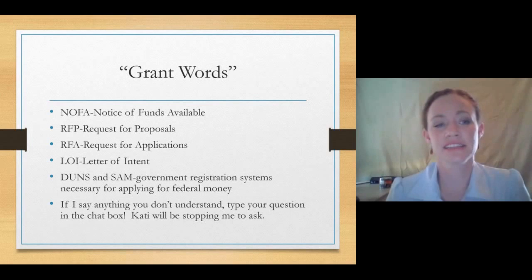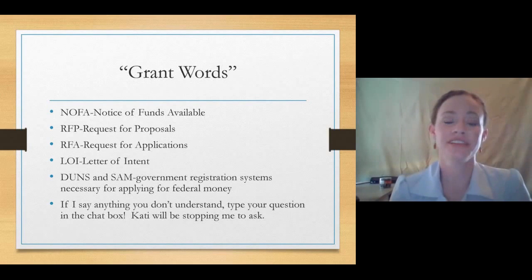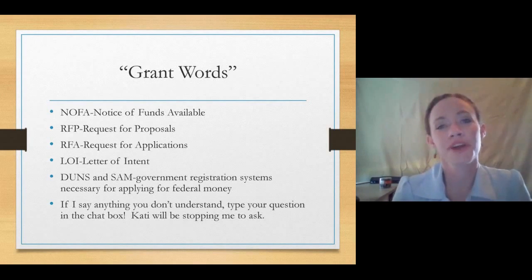Letter of intent, LOI. Those I love, and I will explain why I love the letters of intent. I would rather be able to write a 2-page letter to tell someone what I'd like to do and should I apply for your program than to spend 89 pages of application and it wasn't even something they were interested in funding.